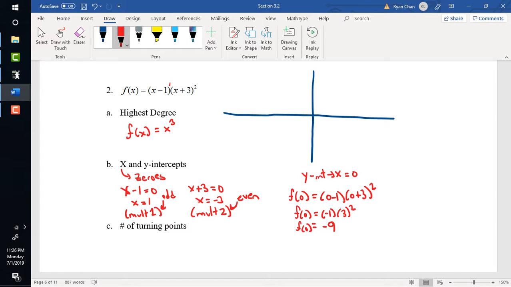I have here 0, negative 9. I'm just going to do a rough approximation. So I have 0, negative 9, which is right here. And I have 1, 0, and negative 3, 0. So let's talk about what's happening here.